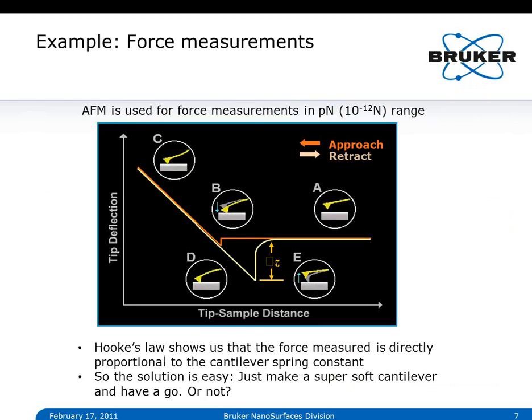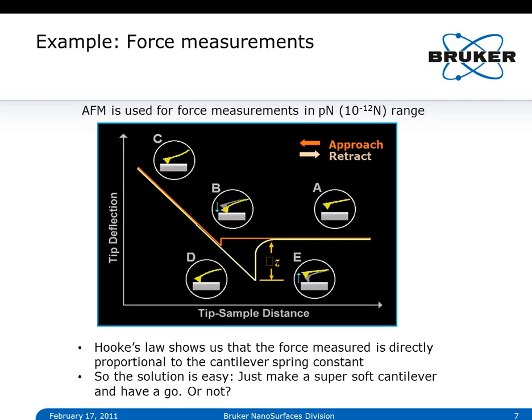Okay. So what's a force measurement? AFM is often used for force measurement, and it's the most basic operation of an AFM, as a matter of fact. And it generates plots like the one that is shown here. Here you see the tip deflection on the vertical axis plotted against the tip sample distance, and the orange curves here basically show a tip and sample coming close together, and it doesn't really matter for this purpose if you bring the sample close to the tip or the tip close to the sample.